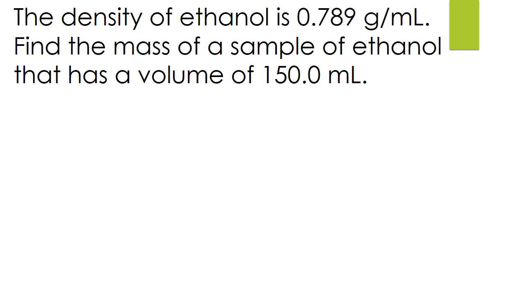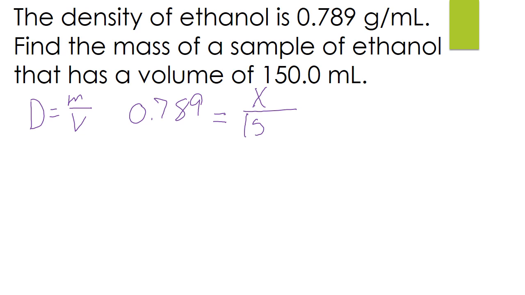Let's try this one. Density is mass over volume. I have a density. It's 0.789. I want to find the mass if I know that the volume is 150. So now, again, mass is what I don't know. That's x. My volume is 150.